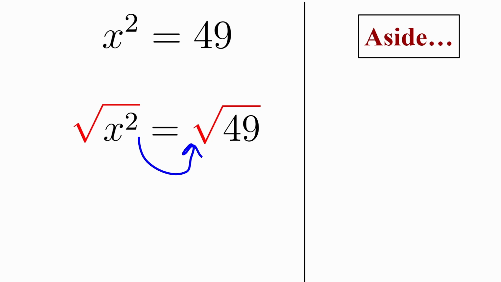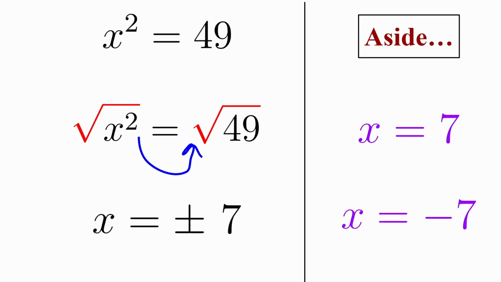So the square root of 49 is 7, but we wouldn't write x equals 7. We would write x equals plus or minus 7. And the answers would really be 7 and negative 7. The reason we do this is because 7 times 7 is 49, and also negative 7 times negative 7 is 49. So just make sure you don't forget to put that plus or minus symbol on the side opposite the square.